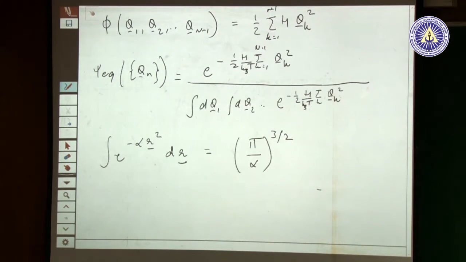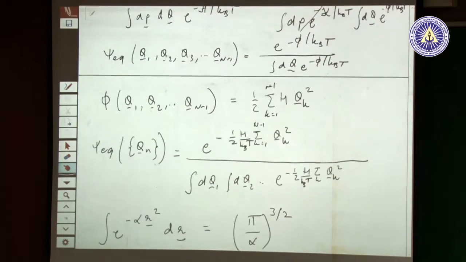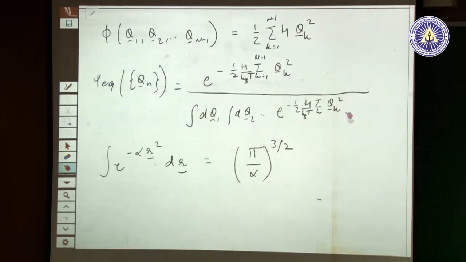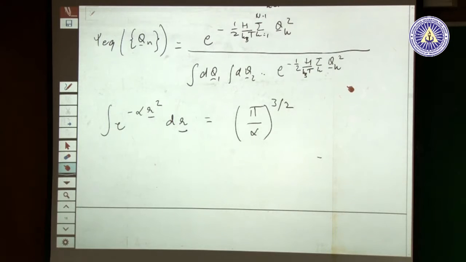That's the Boltzmann. So how long have I been missing it? Only here? Oh yeah, sorry. Okay, so what is my alpha? If I compare with any of these, it's H over 2 kBT, right?